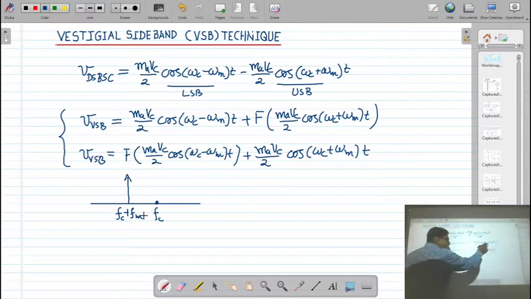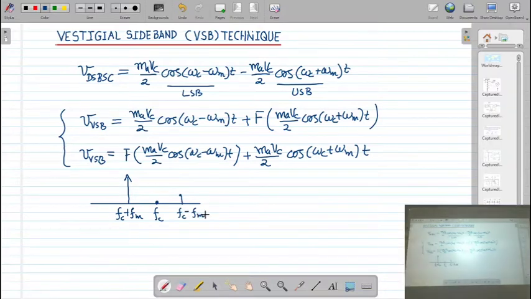And the fraction of the upper sideband, here we will not draw a complete arrow, but it is represented by a small line, and that is representing Fc plus Fm, which you can say is Fv, the vestigial component of frequency. So this is if we have the lower sideband frequency transmission.